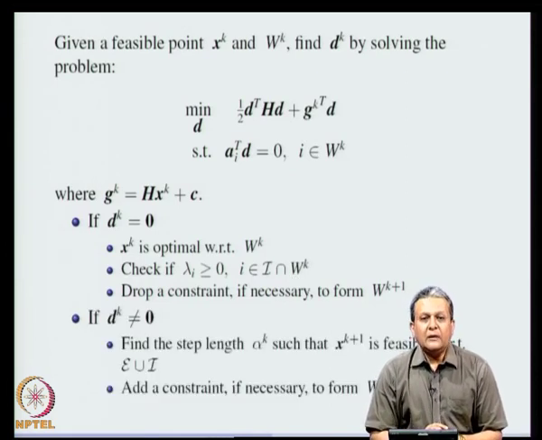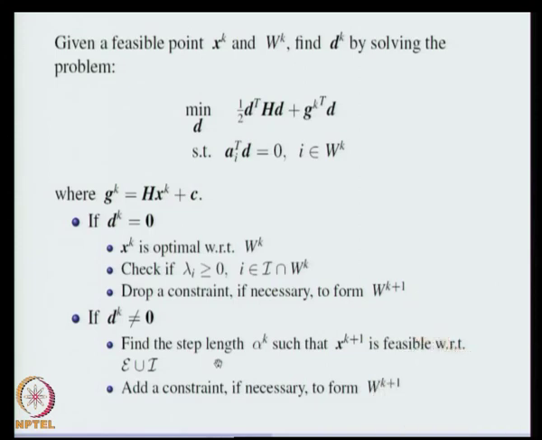Now, if dk is not equal to 0, that means we are able to find a direction dk along which the objective function can be improved, then the next step is to determine the step length alpha k, such that xk plus 1, which is nothing but xk plus alpha k dk, is feasible with respect to all the equality constraints and all the inequality constraints.